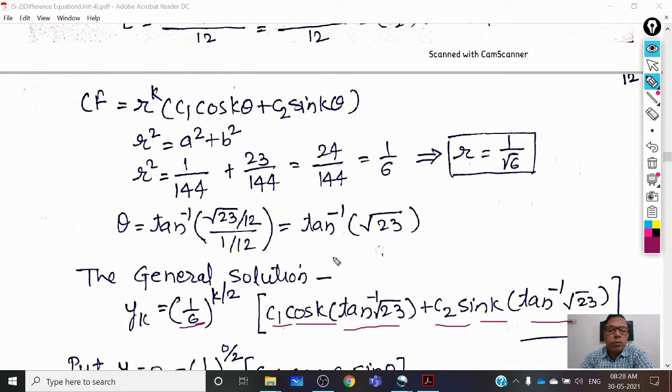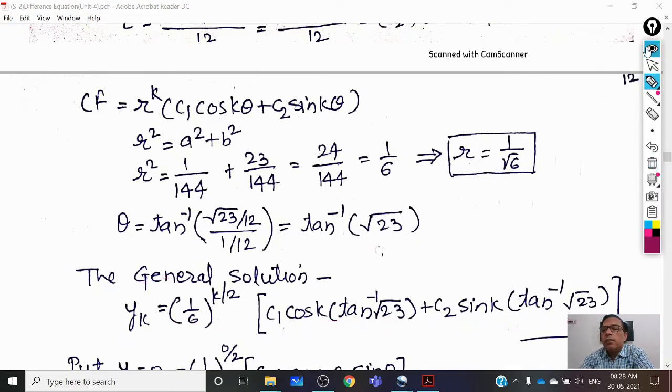PI is 0. So the final answer, the general solution, is y_k = (1/6)^(k/2) [c1 cos(k tan⁻¹√23) + c2 sin(k tan⁻¹√23)].